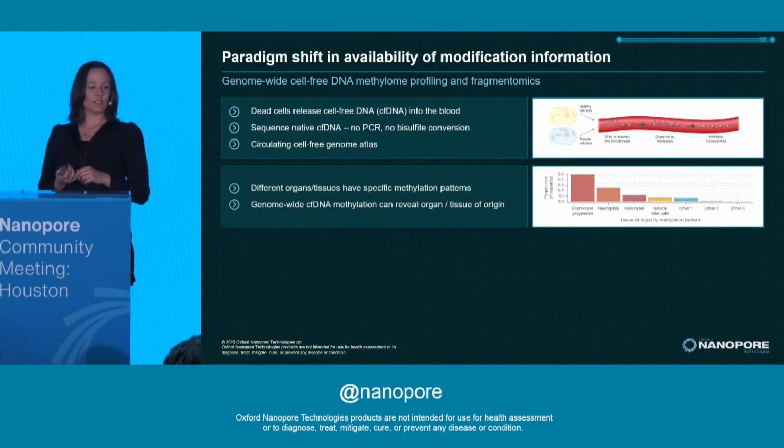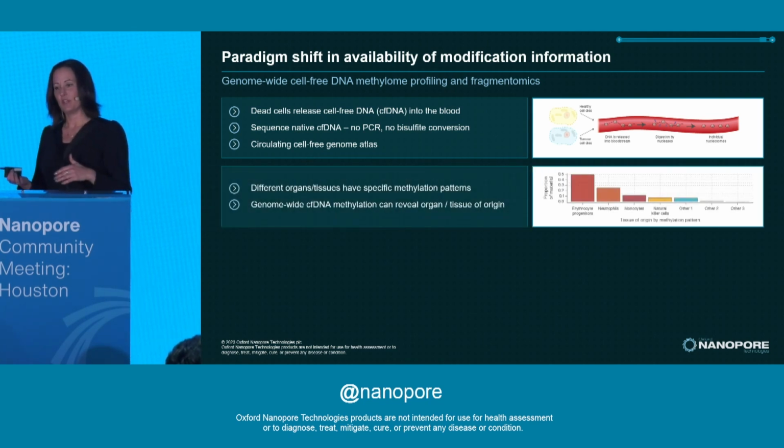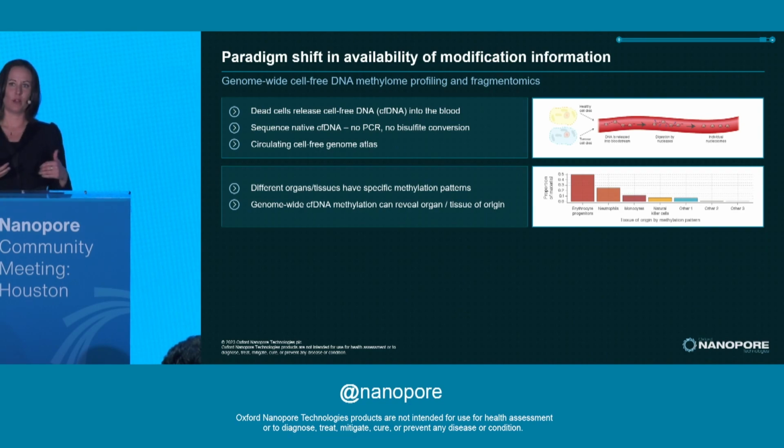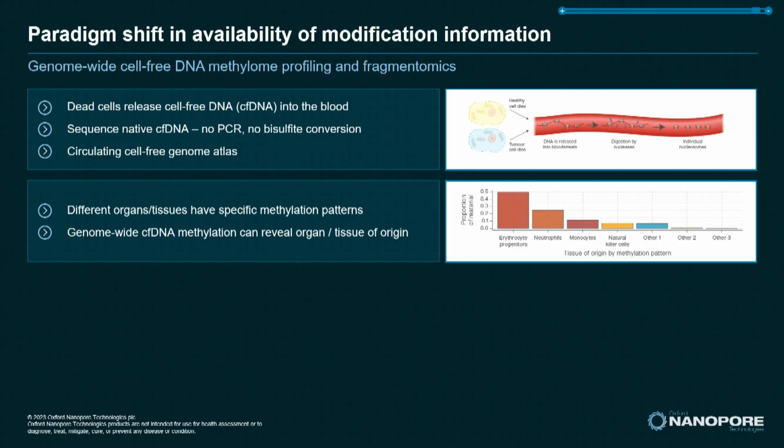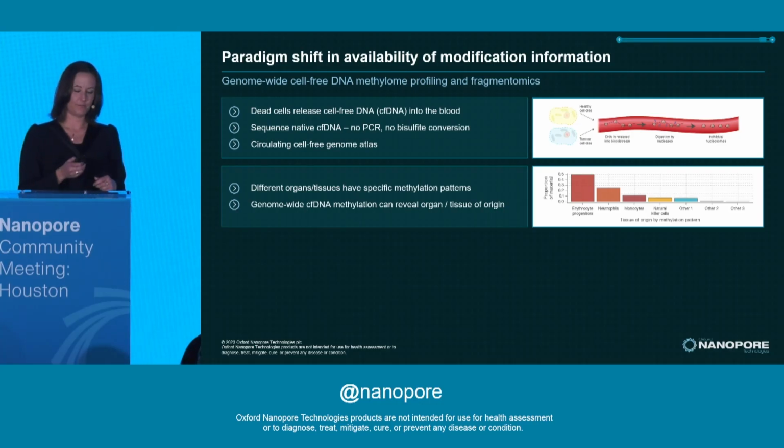So what you can do is take that methylation information and then try to reveal what organ that DNA came from. And so without having to do a tissue biopsy, you can infer back to where the unhealthy cells are.